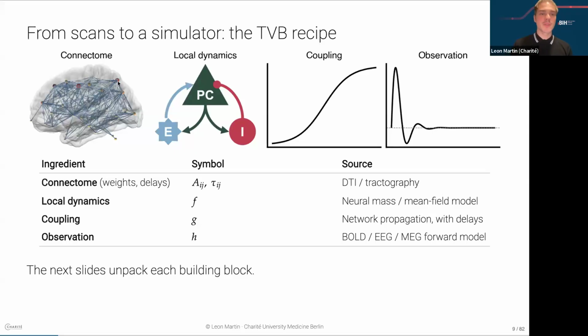And the activity of this node is not singular, so it is integrated into the whole network. So this node's activity influences all connected nodes. And this is defined by the coupling function. We will also take a look at how this coupling function looks a little bit later. But the important thing is that one node is a local dynamic with a neural mass model, and that's then interconnected in the whole brain.